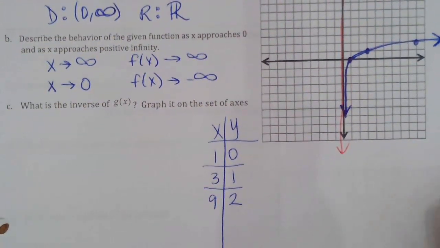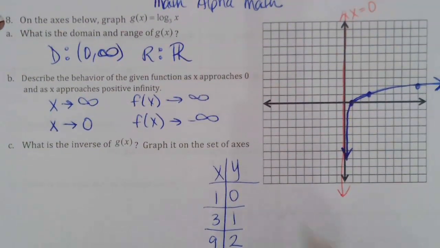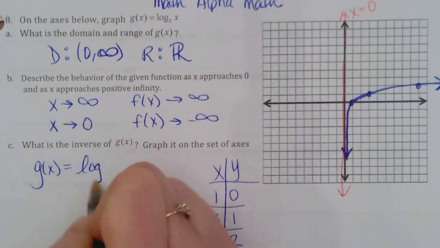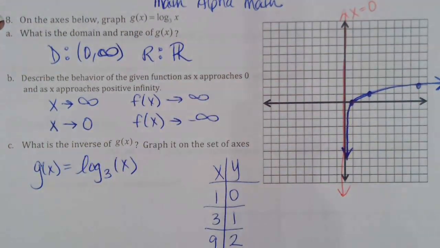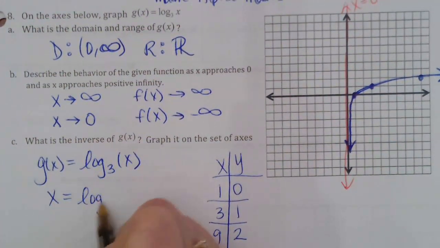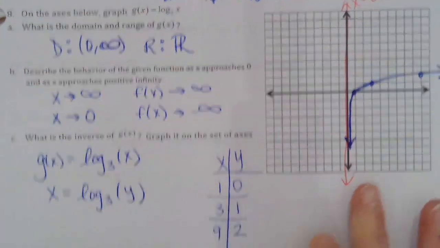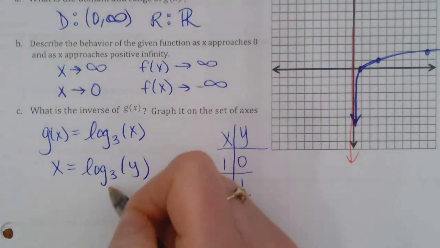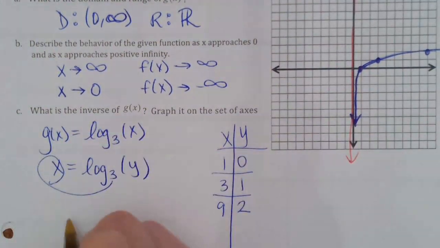So what is the inverse of g of x? Well, since g of x is a log base 3, step 1 is switch x and y. It starts as a log, which means we can lasso a log. So we're going to start at the 3 and loop it around.